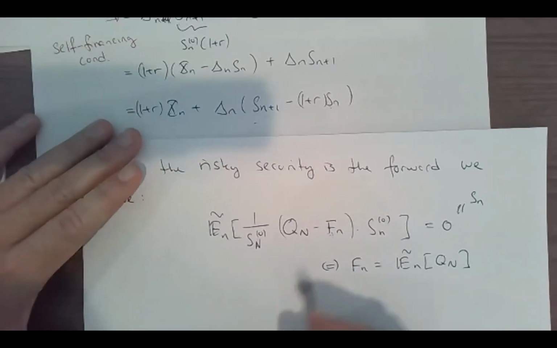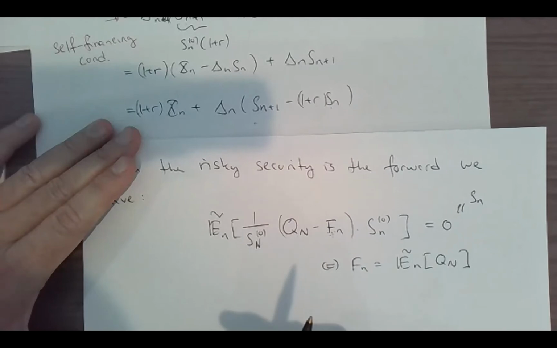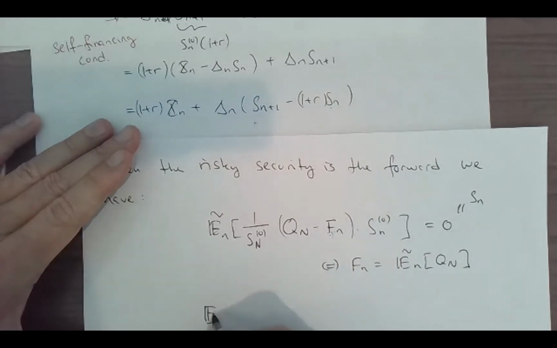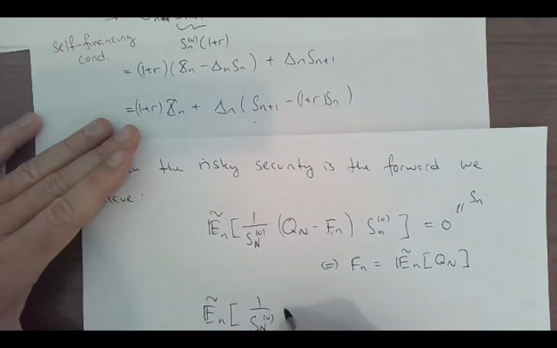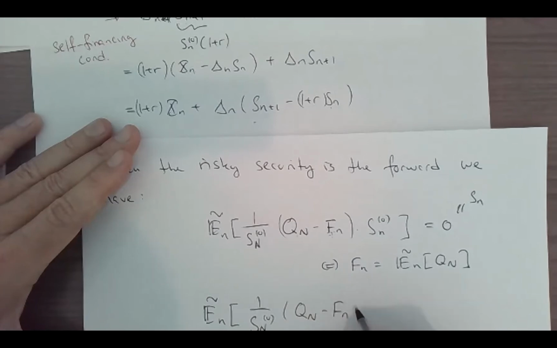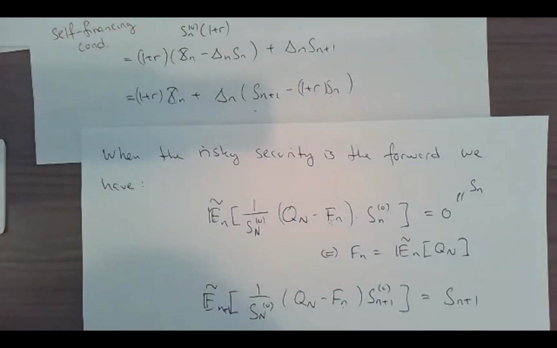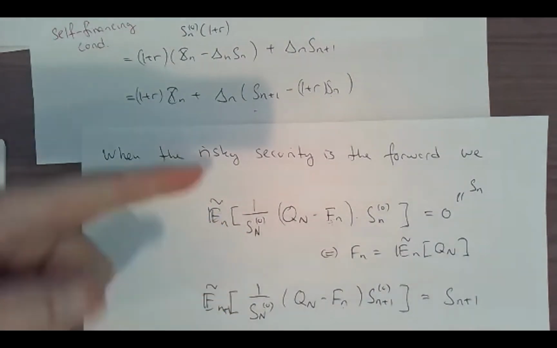So now I've entered this contract, and I need to figure out what the value is. So if I'm looking at E tilde n of 1 over Sn0, so here I have n, but now instead of n here, I'll have Sn plus 1. This value here is going to be my Sn plus 1. I've entered one contract.